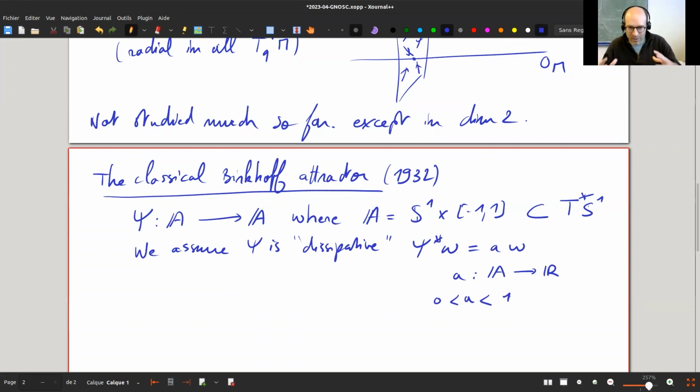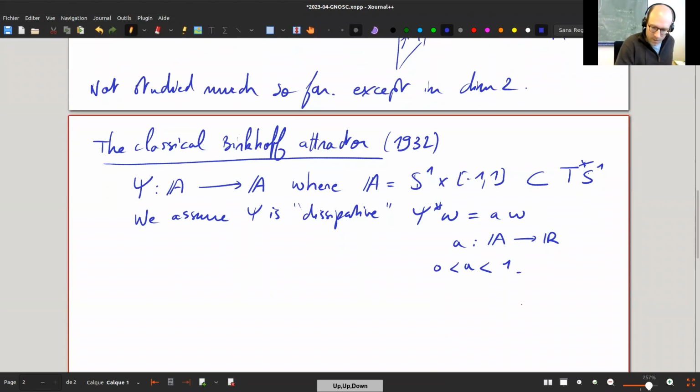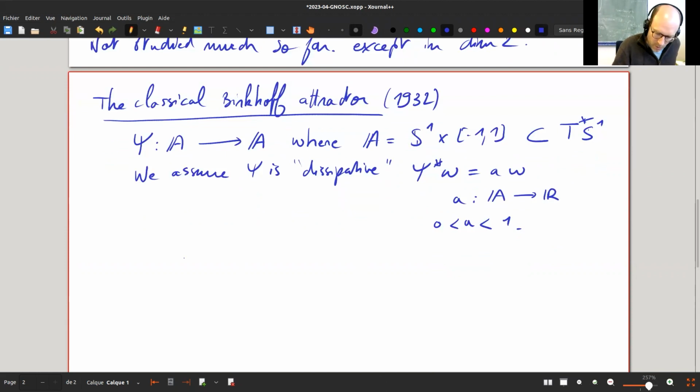Okay, so it really strictly contracts the area. Okay, and we also assume that say psi of the annulus is strictly included in the interior of the annulus. So it's included in S1 cross (-1, 1) open.